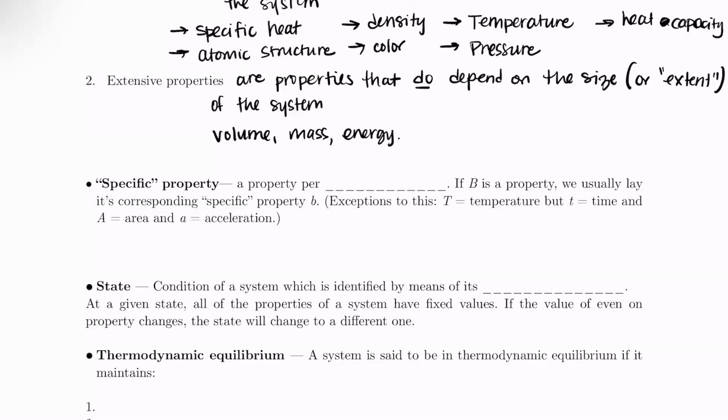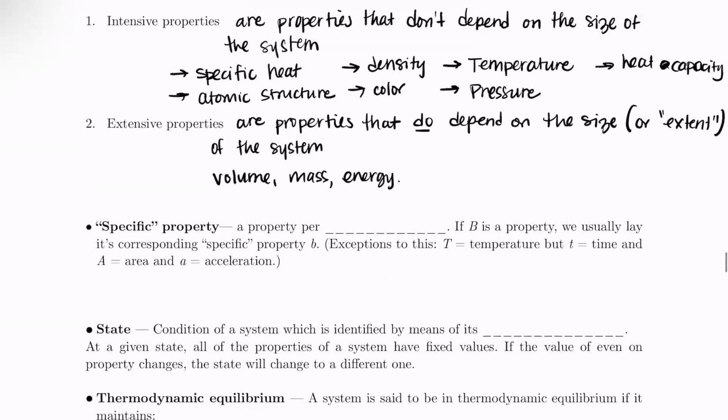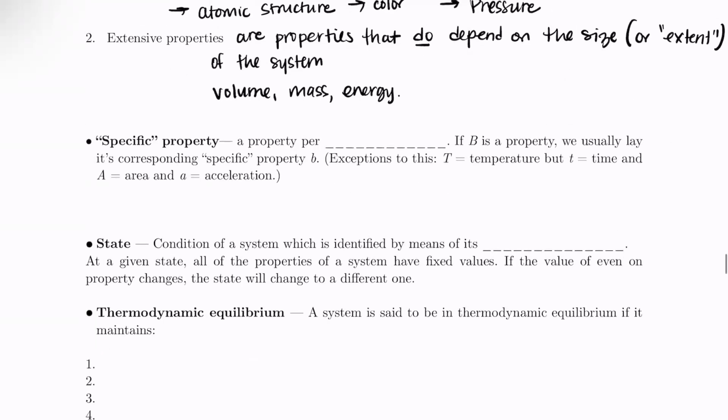We also are going to make use of specific properties. Have we heard of this terminology before, maybe in chemistry? I know there's been mention of, I think, specific heat. So I know we use this language at least in some capacity, but a specific property, the specific just means that it's a property per unit mass. And so if we have some property, let's call it capital B, usually we're going to refer to its corresponding specific property as the lowercase letter of the original property.